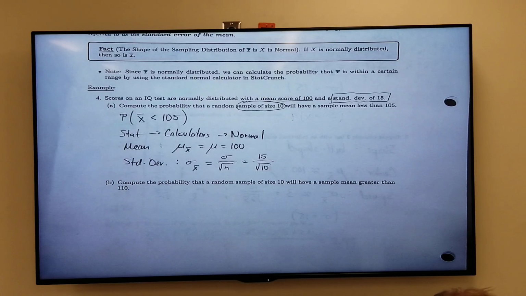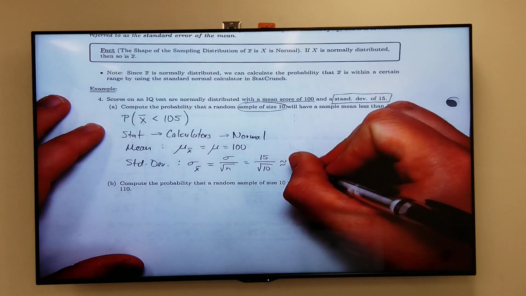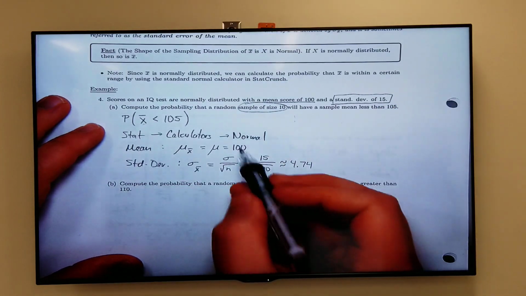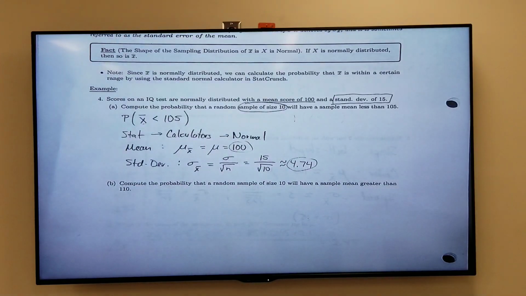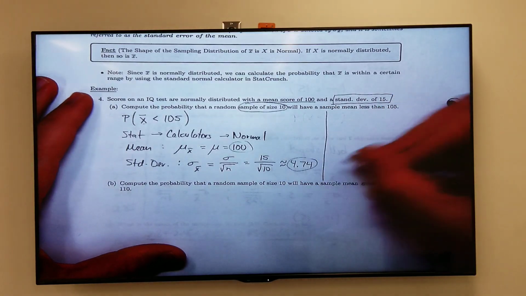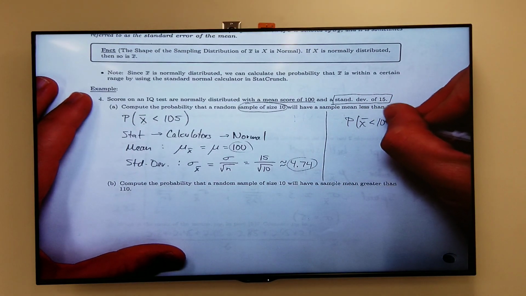So 15 divided by the square root of 10 is approximately 4.74. Okay, so those are the values that we're going to enter for the mean and the standard deviation when we go to do this in StatCrunch. So I'm going to go do this in StatCrunch now. Again, we're looking for probability x bar is less than 105. Let's see what we get.